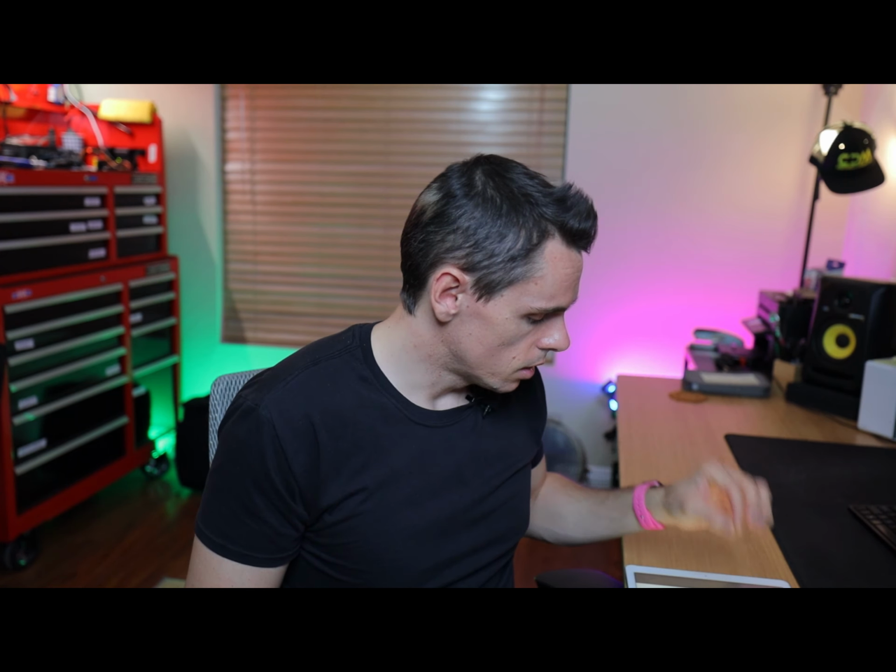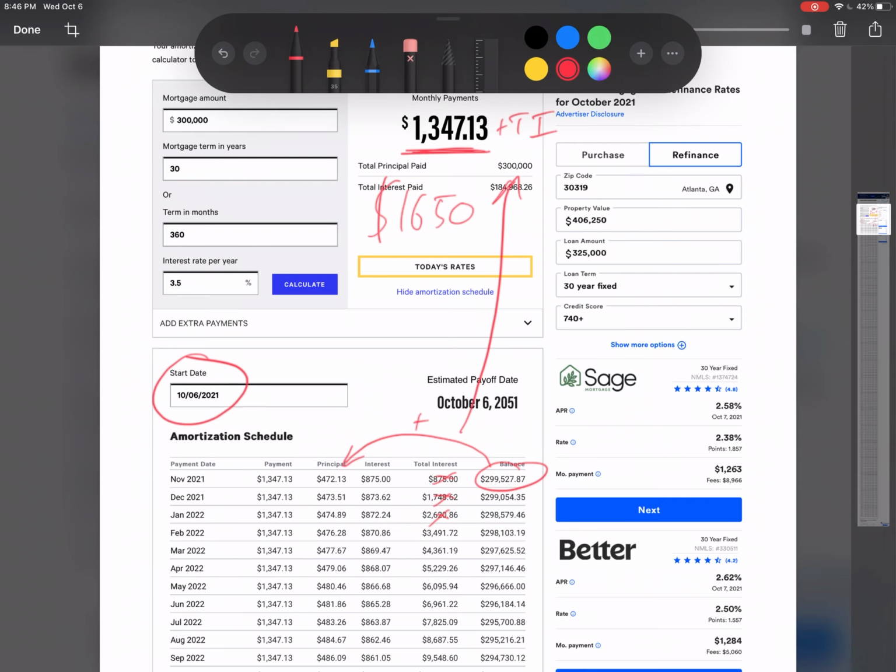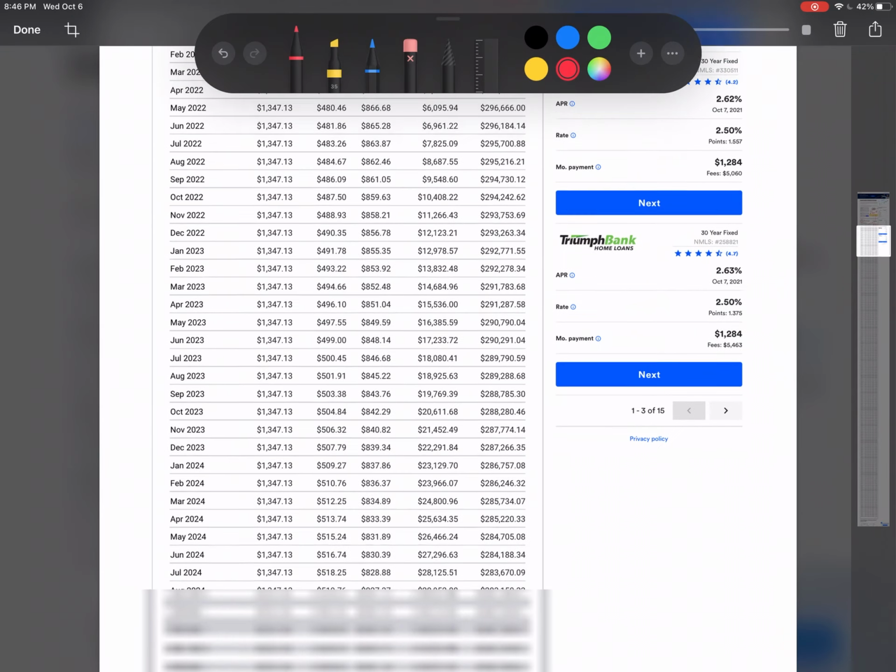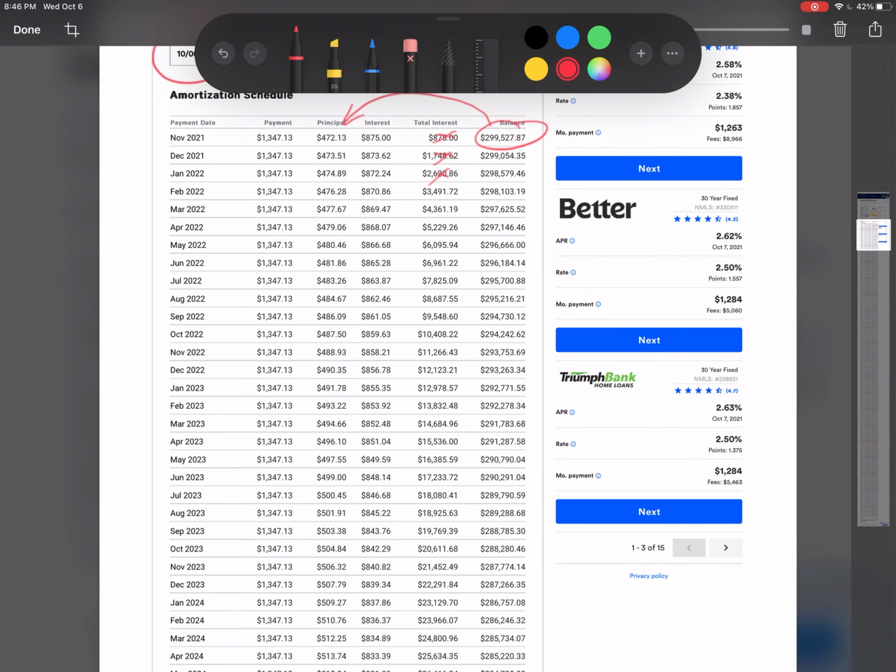So let's do a little thought experiment here. Let's assume 1 year down. Let's go take a look. So November 22. We're going to go 1 year ahead of time. Let's assume our purchase price of $350,000. The value of the house has not changed at all.